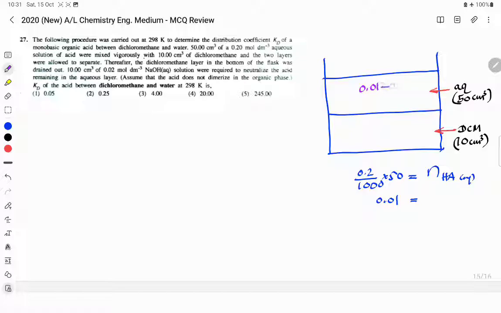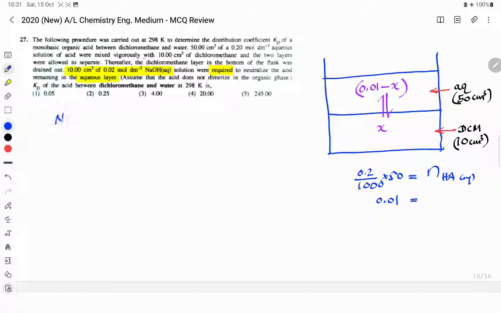Let's assume that X amount will be distributed to the organic layer. So X amount will remain in here. And they say 10 cm³ of 0.02 M NaOH required to neutralize the acid in the aqueous layer. So we can calculate this value here.